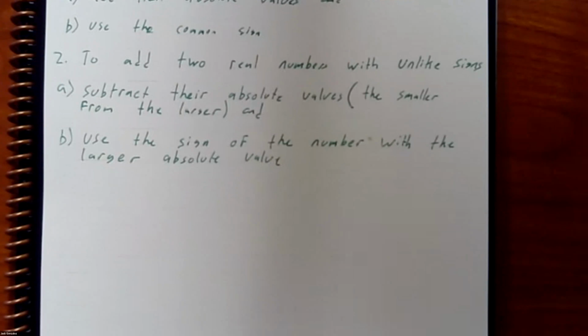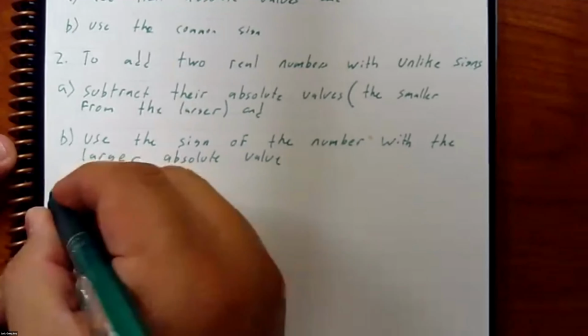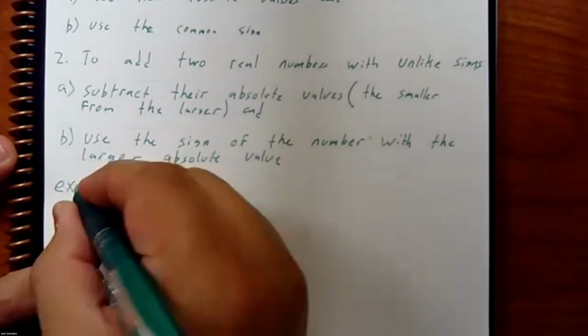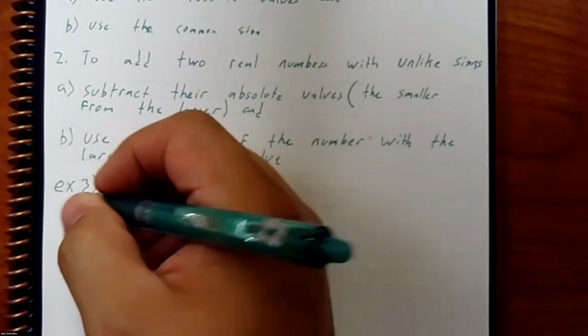All right, so let's do the example in just a second. The book calls it example 3. I guess it's the third example in the chapter.